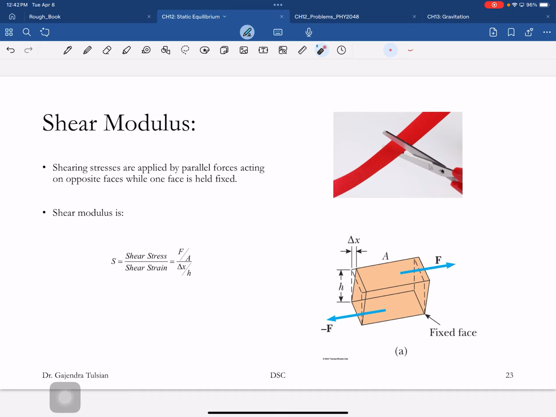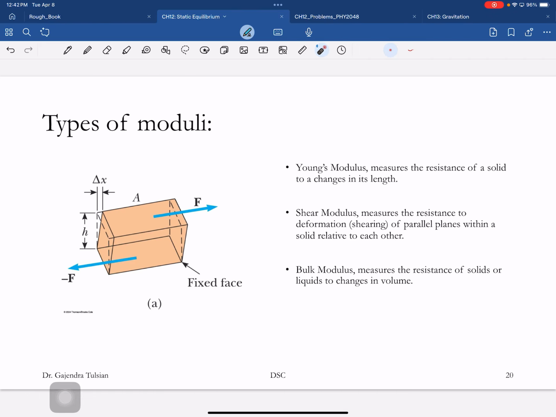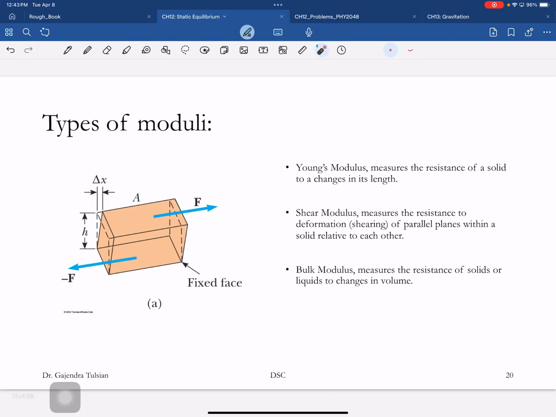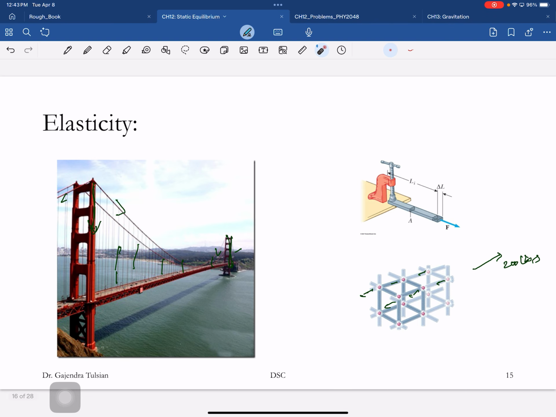What we want to consider is elastic behavior. We'll apply a stress, and when we remove the stress, what happens? It returns to its original condition. Going back to this example, you apply a stress, you remove the stress, and all the springs will go back to their original shape.